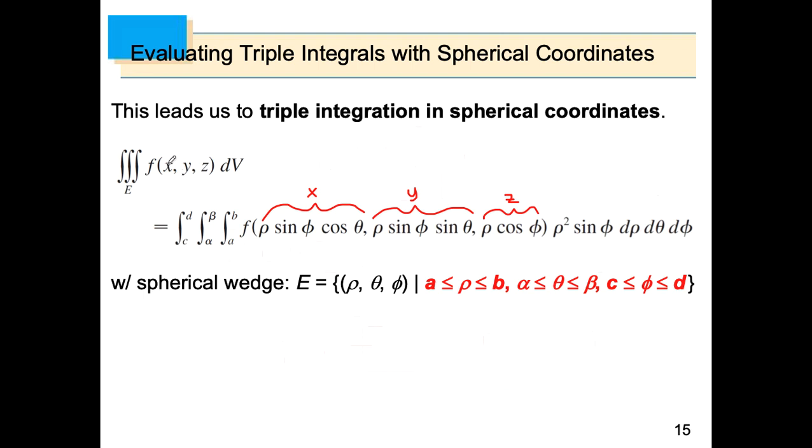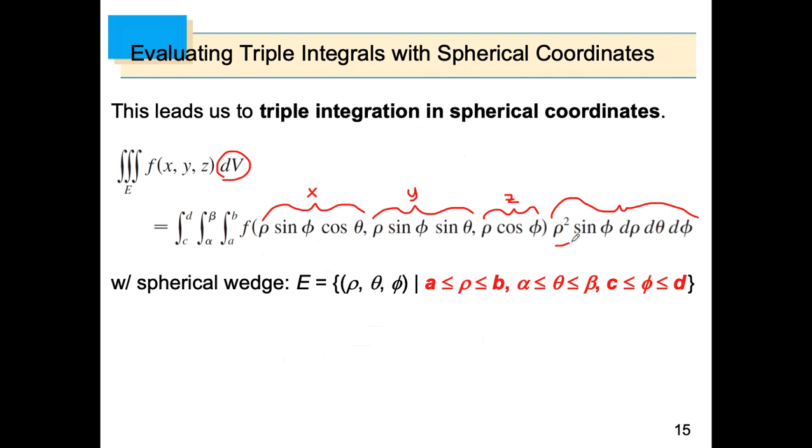So far, I already have my x and my y and my z accounted for. Well, how about dv? We've dealt with dv in the past. If you recall, in cylindrical coordinates, dv ultimately ends up becoming r dr d theta dz. In this particular case, take a look at this down here.